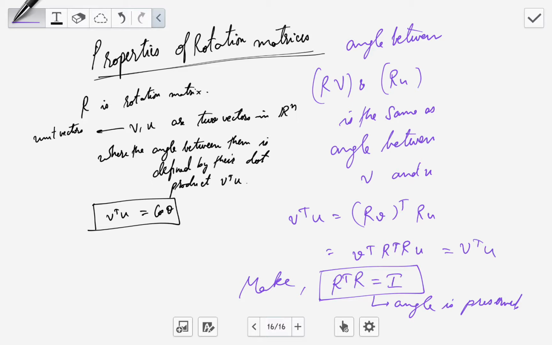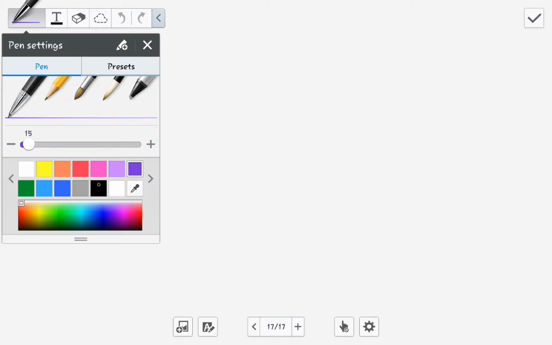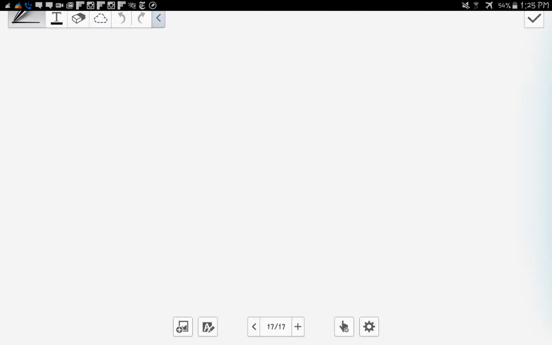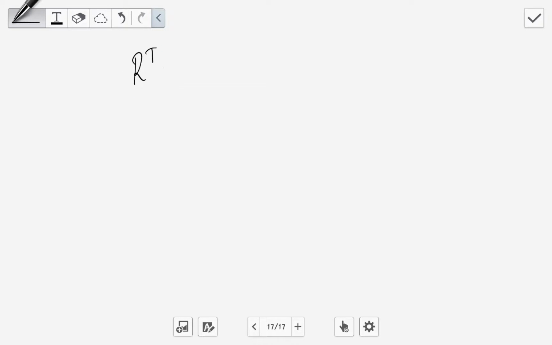Now, if R transpose R is I, that implies R transpose is R inverse.